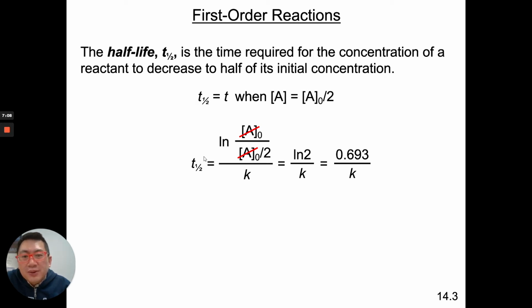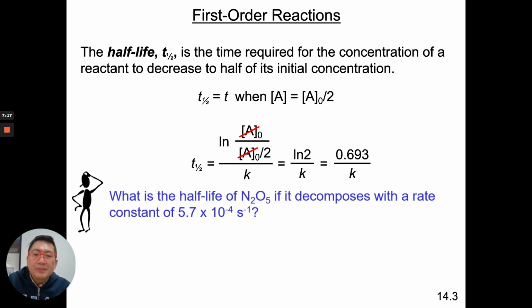So for first order reactions, the half-life of a reaction is equal to natural log of 2, or 0.693, divided by K. I can use that to solve this problem.